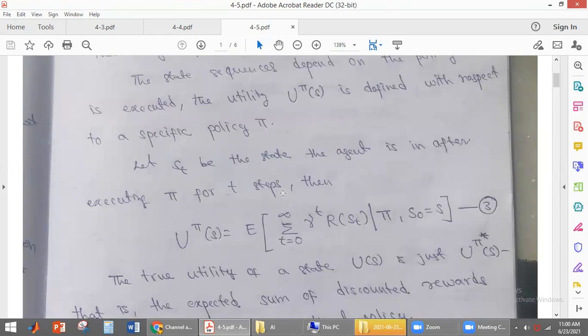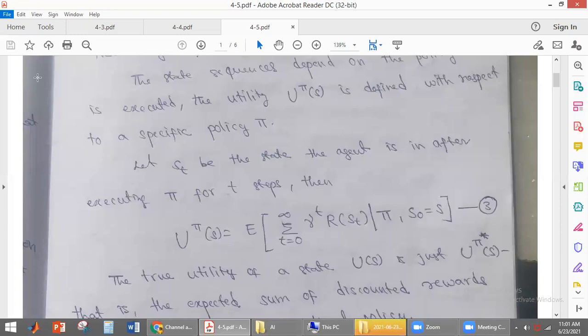For each and every state, the policy gives the action to perform, so that the agent moves from one state to another. Like that, we get state sequences. So S_t is the state the agent is in after executing the policy for t time steps.